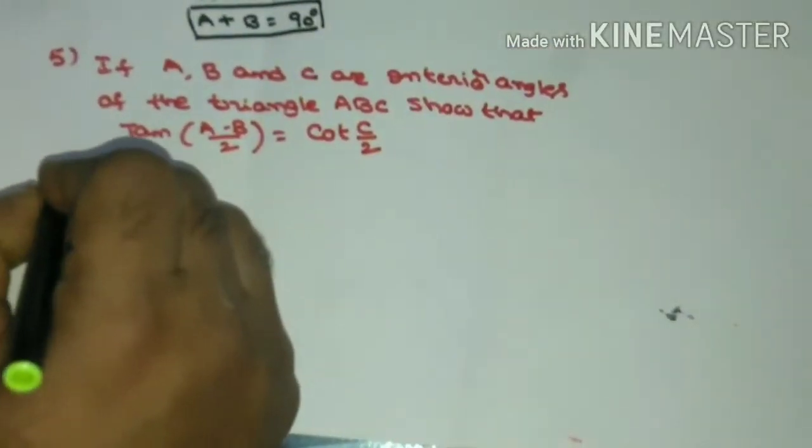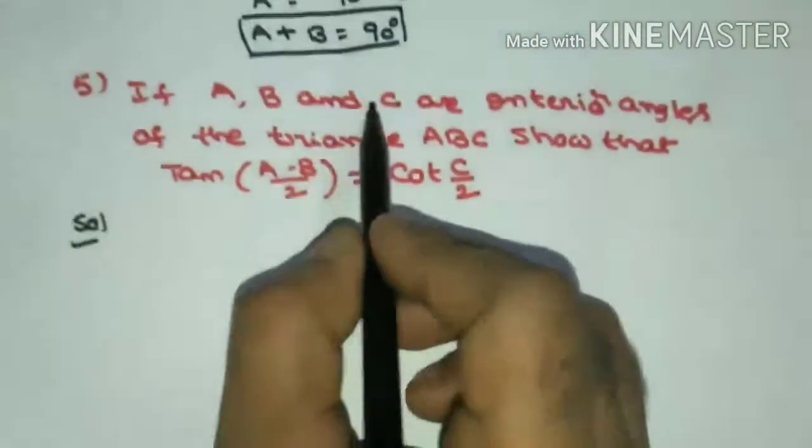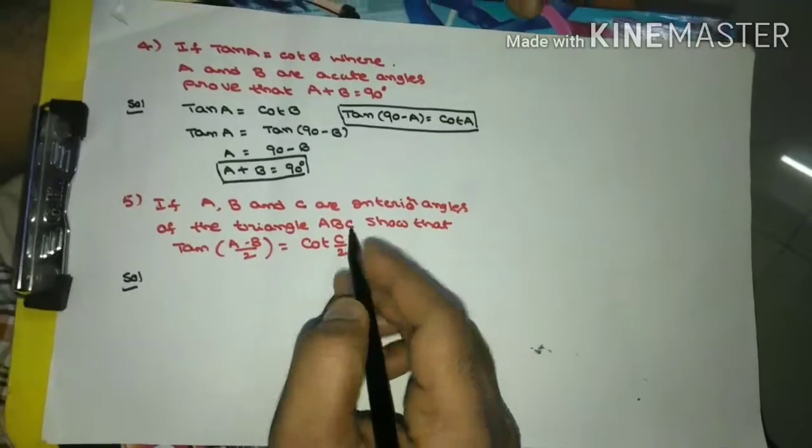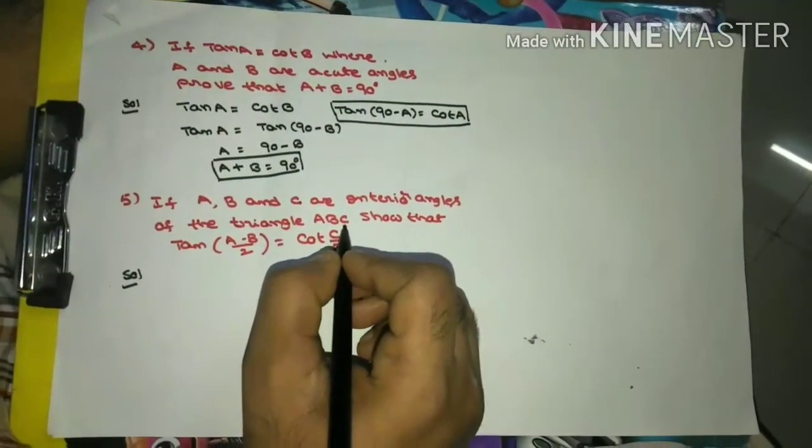Now how to solve? What is the given condition? A, B and C are interior angles of the triangle ABC. What is the sum of the angles in a triangle? 180 degrees. How will we write that concept?